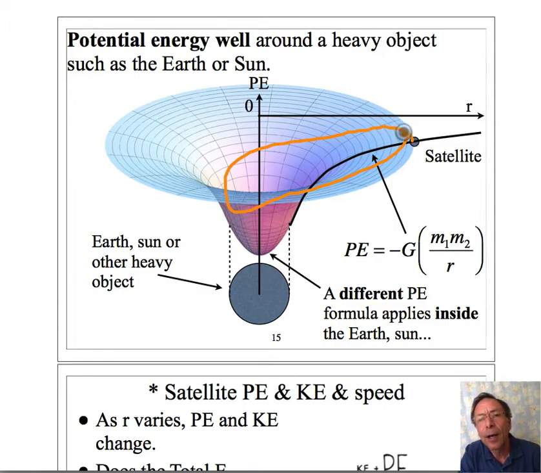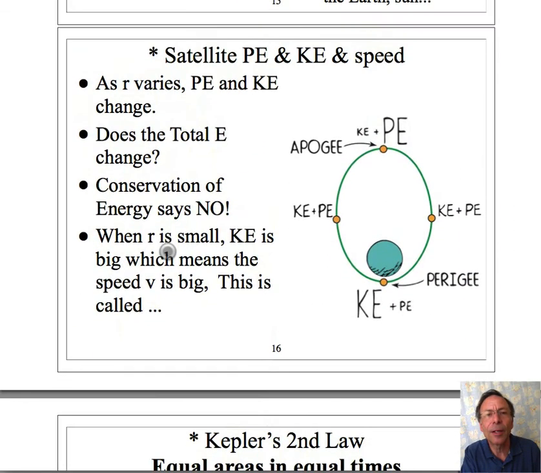So here it had more potential energy, but it's going kind of slowly. And then here the potential energy has gone way down, but to maintain the same total mechanical energy, its kinetic energy must be a lot more. So its velocity vector v is going to be big here, but its velocity is going to be small out there. So that's what this next thing is talking about over here.